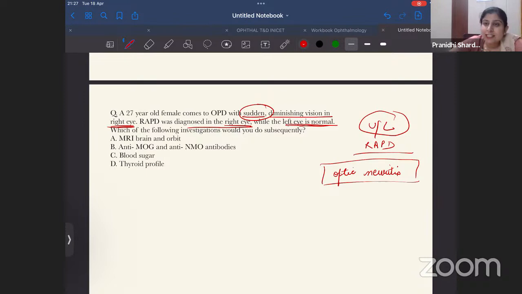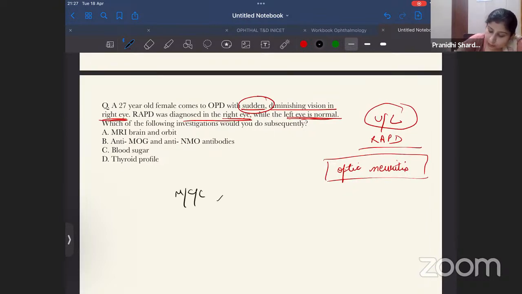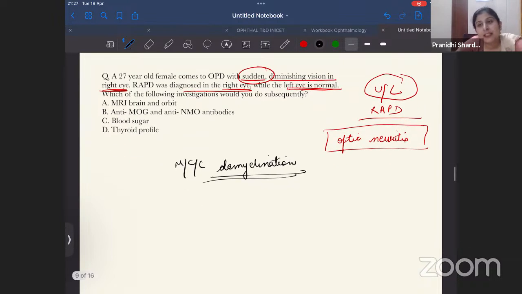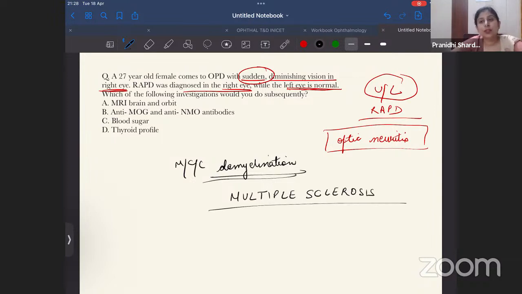For knowing the investigation, we must know the causes of optic neuritis, and we always read that the most common cause of optic neuritis is demyelination. Demyelinating diseases are the most common causes, and among the demyelinating diseases, multiple sclerosis is the disease most commonly seen with optic neuritis.